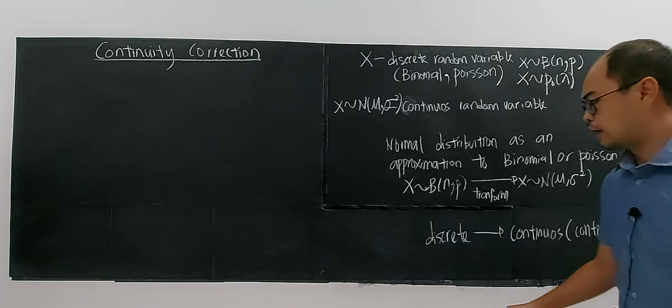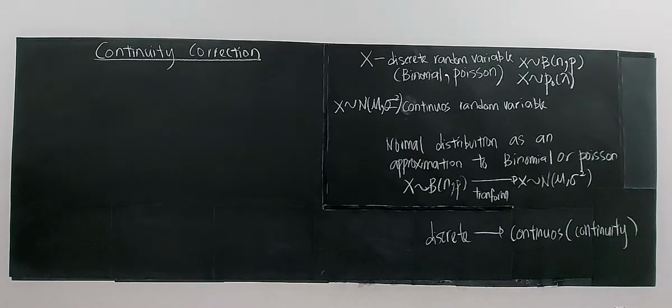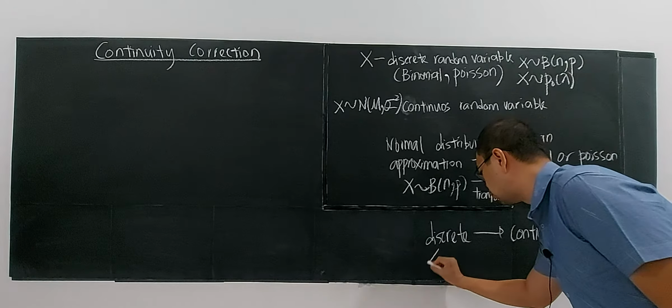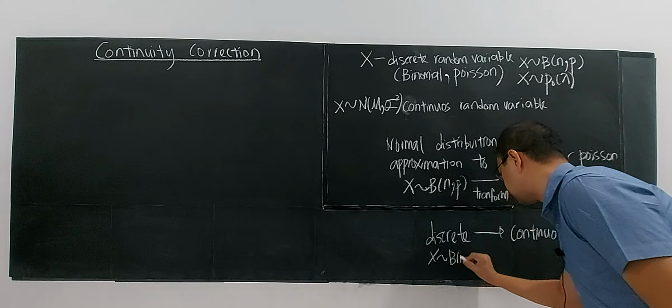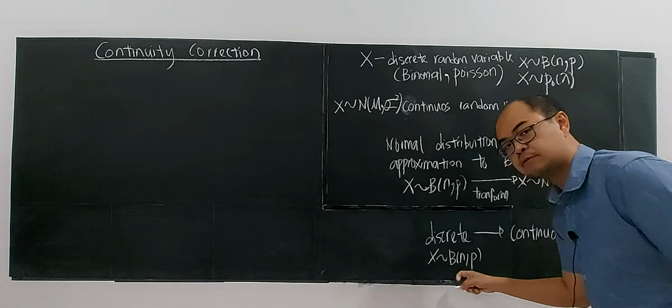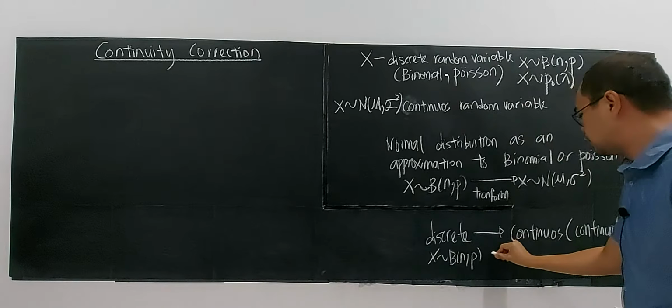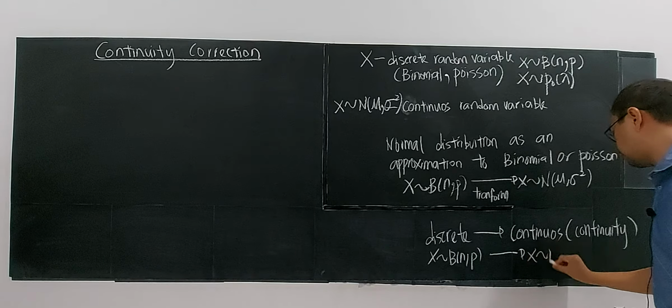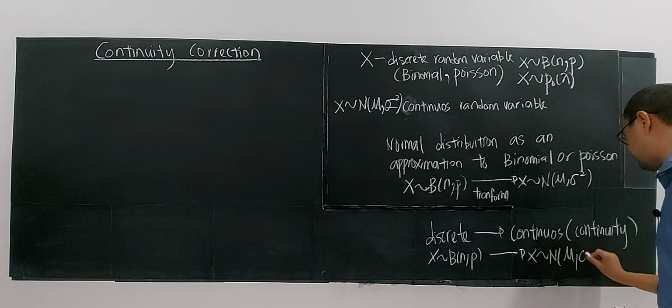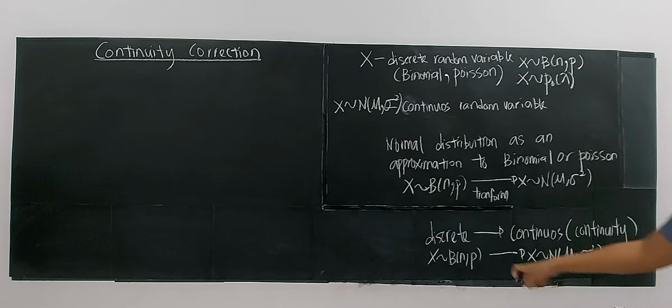For your matriculation, we are trying to introduce how to move from a binomial distribution, which is a discrete distribution, a discrete random variable, to become a normal distribution with mean and variance squared.